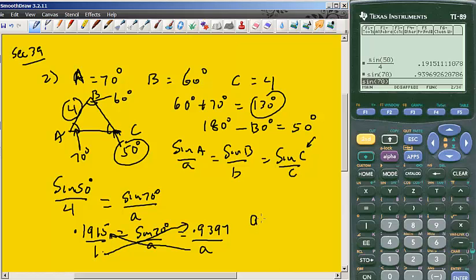So my A will turn out to be 0.9397, and since this is next to A, I've got to divide by that. So I'm going to divide that by 0.1915 to get the A.